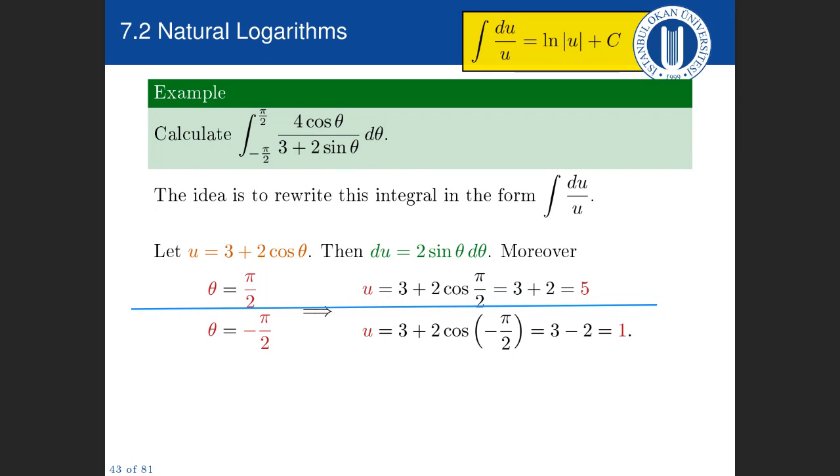This should be sine, and therefore this one should be cos. This should be sine, and this one should be sine. Sine pi over 2 is 1, so 3 plus 2 times 1 is 3 plus 2, or 5. And 3 plus 2 sine of minus pi over 2 is 3 minus 2, or 1.